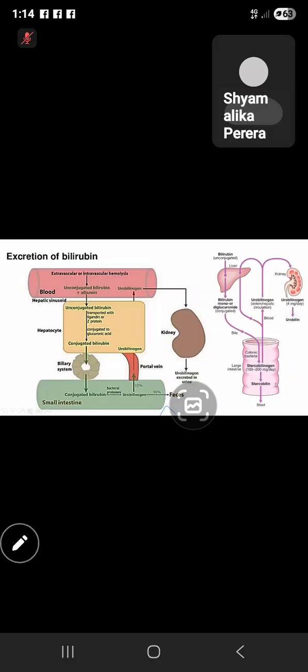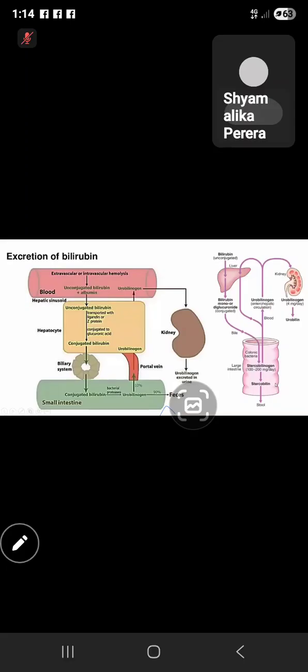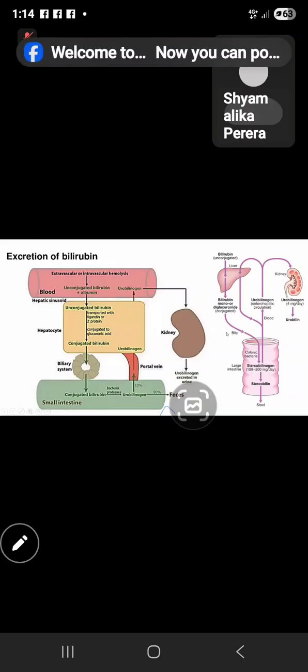So let's move to the next slide. Now you can know at what times your blood can show bilirubin. In your blood, there can be unconjugated bilirubin, conjugated bilirubin, in certain instances, which I will explain later, and the urobilinogen level.